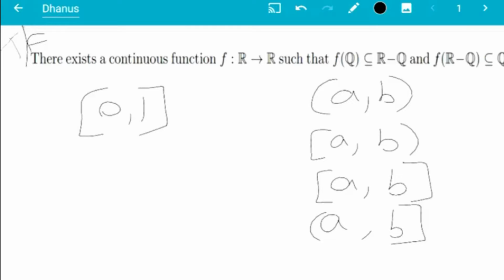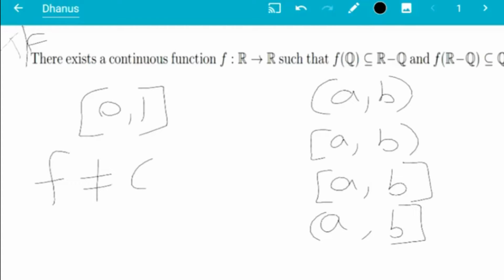Also, it is not a constant function, since the image of rational numbers is irrational and the image of irrational numbers belongs to the rationals. That's why f cannot equal a constant c, so f is not a constant function.